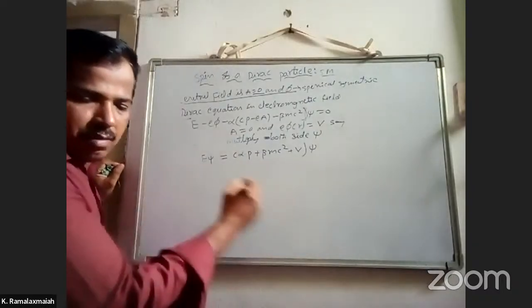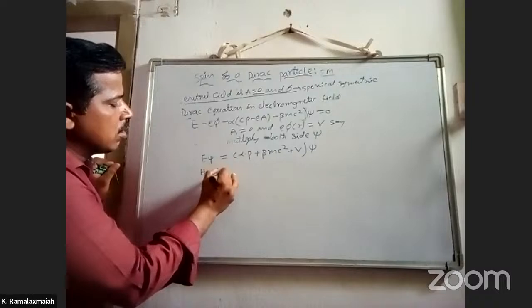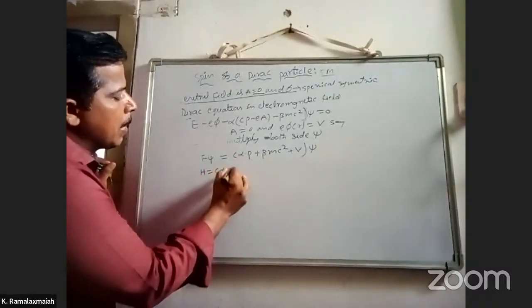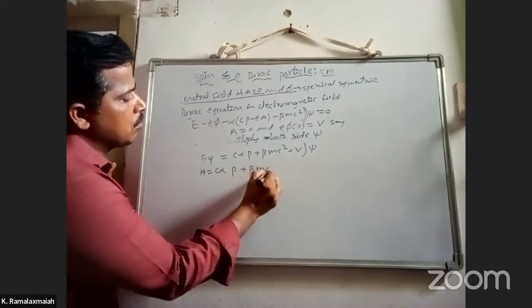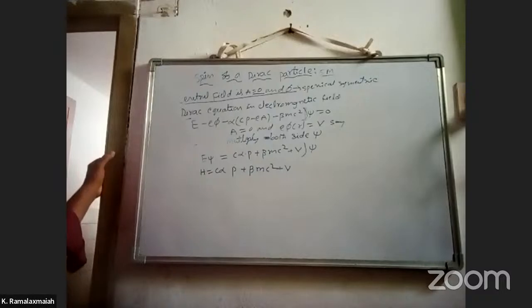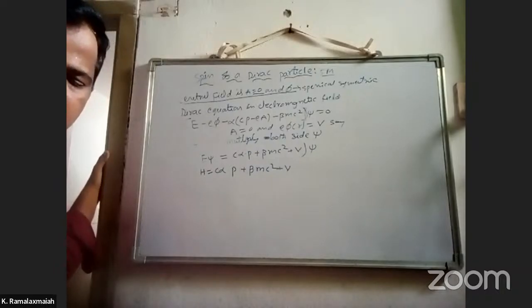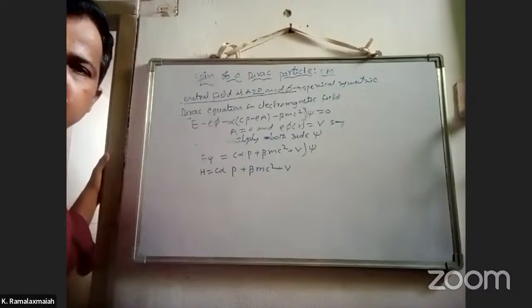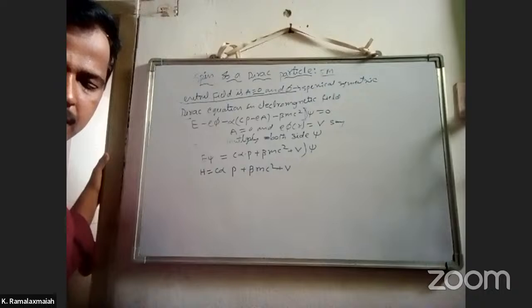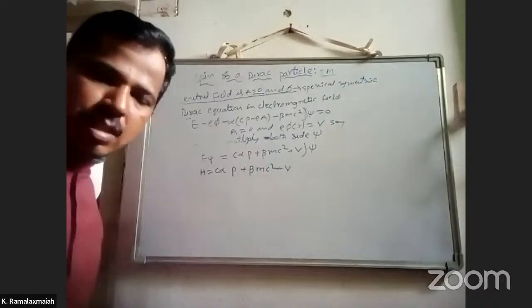So you convert this formula to the Hamiltonian equation: H is equal to C alpha into P plus beta mc square plus V. Here classically, Lx, the x component of the orbital momentum, is a constant of motion in the central field.